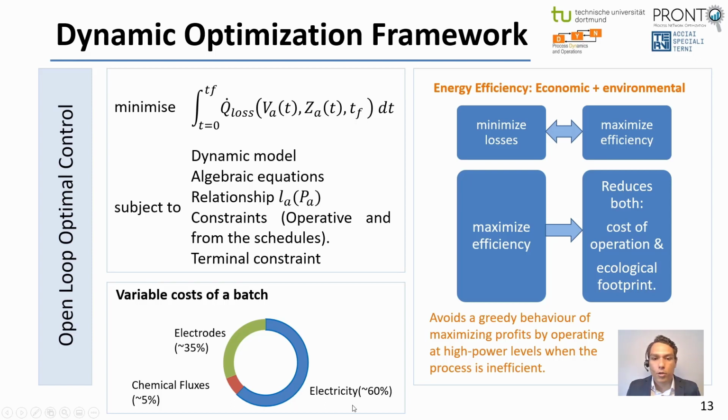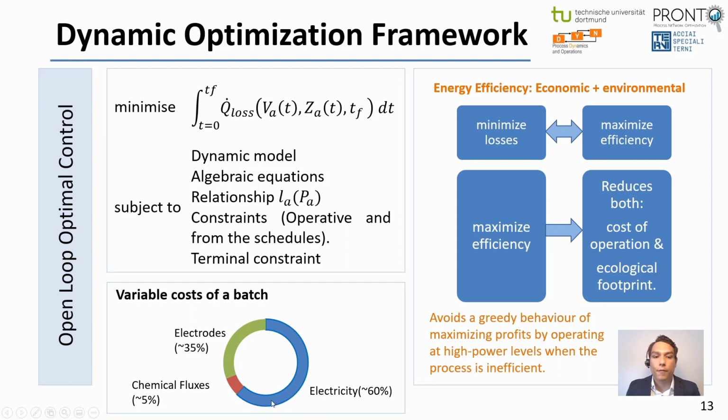In the bottom part of the slide, I present the variable cost of a batch, which are as follows. The cost of the electrodes is approximately 35%. The cost of the electricity is almost 60%, and the cost of the energy fluxes is about 5%. When the losses are minimized or the efficiency is maximized, certainly the energy consumption will be reduced.